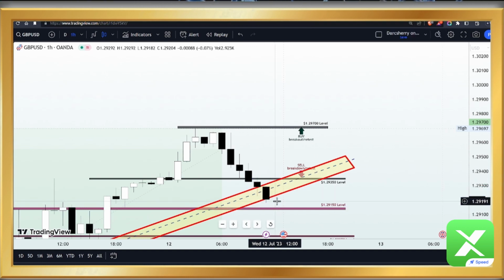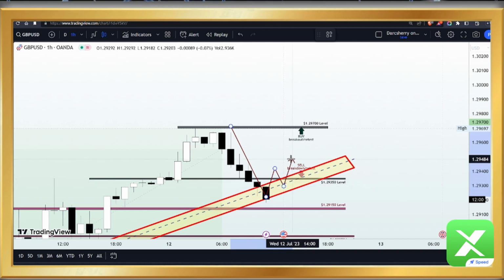Now there are two scenarios we are going to be looking out for around this zone to decide what our next line of action will be, and one of these expectations here is a reversal pattern. So if we start seeing buy pressure, it might come in the form of a double bottom structure, head and shoulder pattern, or a falling wedge, whichever case it may be.